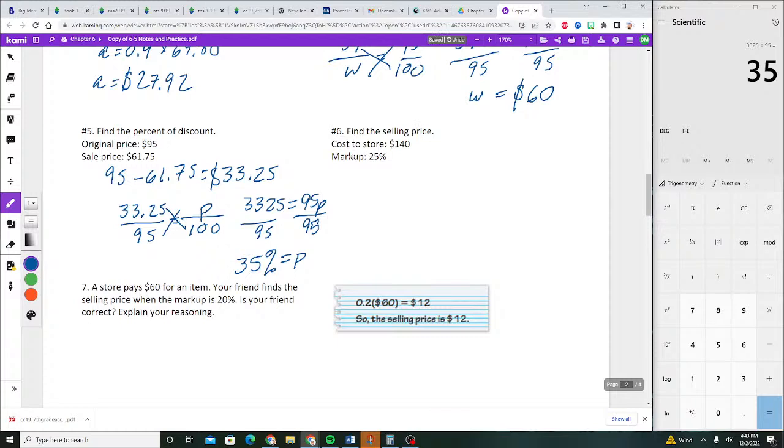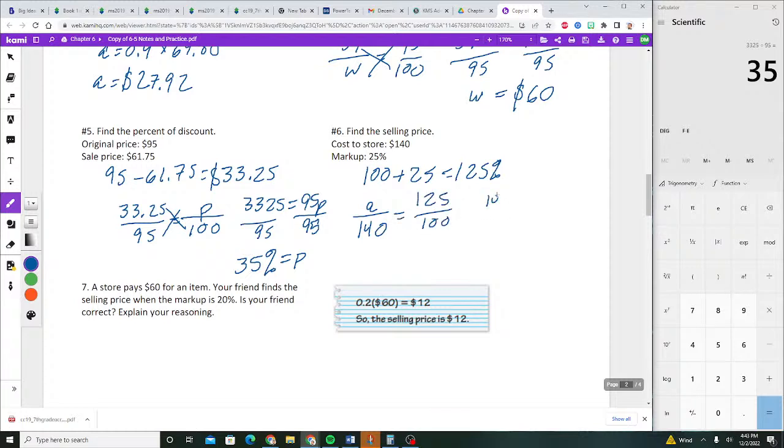Find the selling price. The cost of the store is $140. The markup's 25, so we'll go 100 plus 25 is 125. And then we're marking this up. So our selling price is part of 140. It's 125% of 140.